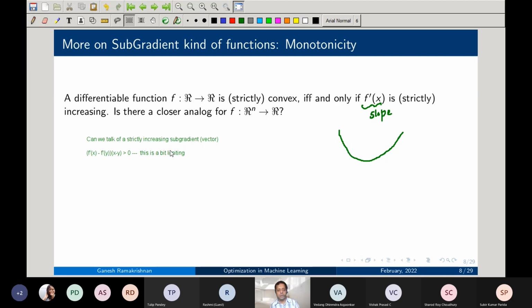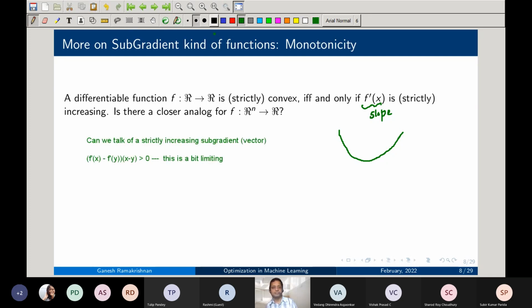Okay, what could you do as an alternative? So I'm going to strike this off. This doesn't make sense. What could you do as an alternative?